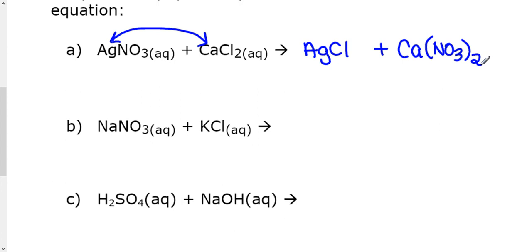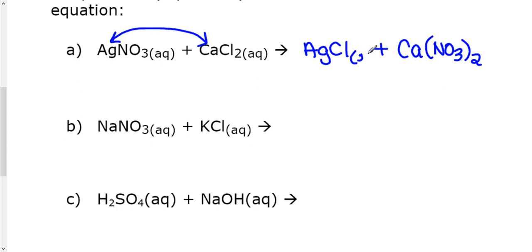So the 1 will come down here, but the 2 goes for the entire nitrate. Then we need to look up the states, and we want to make sure at least one of these has to be a solid, a liquid, or a gas. So definitely no liquid here. Pretty sure these aren't gases, so we're going to go and look at our solubility table to figure it out. When you have a look at your solubility table, silver and chlorine, when you check it, it should show low solubility, or it should say insoluble.